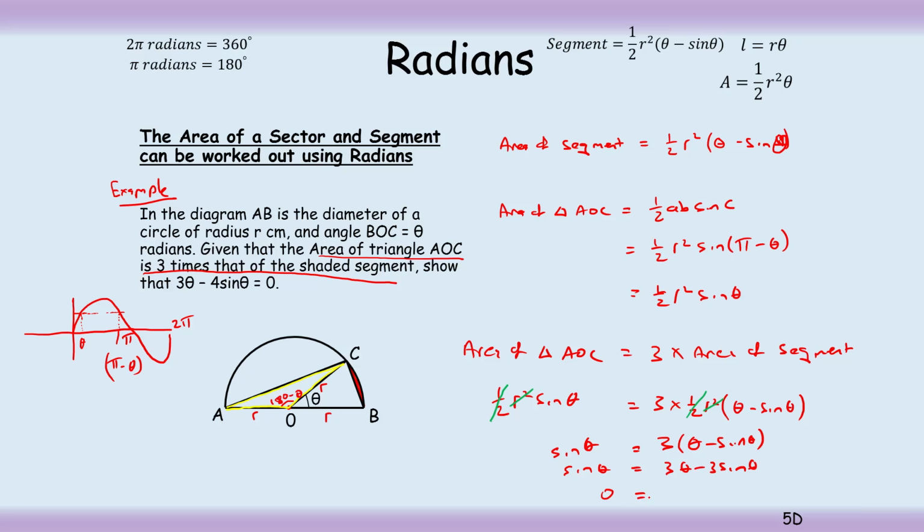So 0 is equal to 3 theta minus 4 sine theta, which is what we've asked for in the question. I can reverse that to make it look like the solution. That means 3 theta minus 4 sine theta is equal to 0, which is exactly what they wanted in the question.